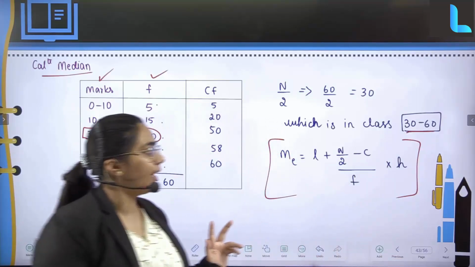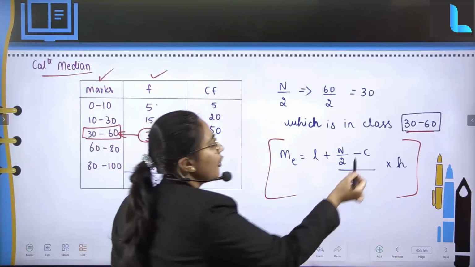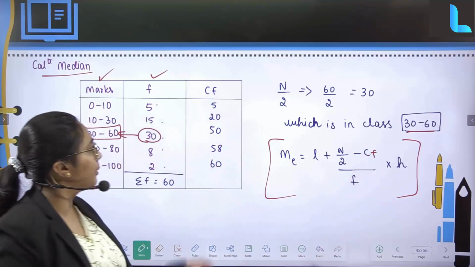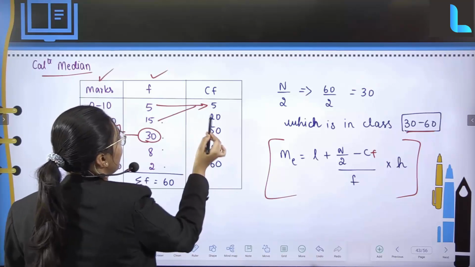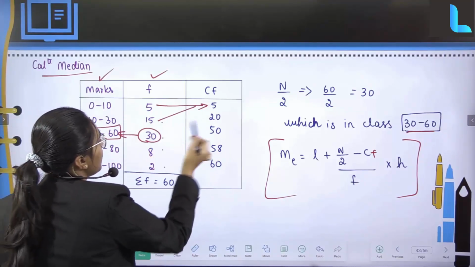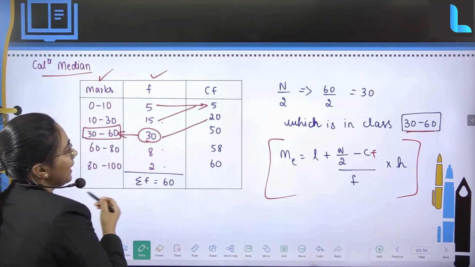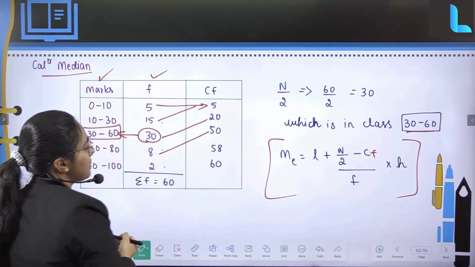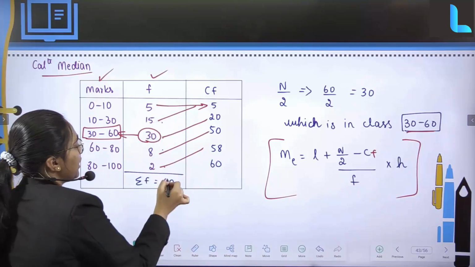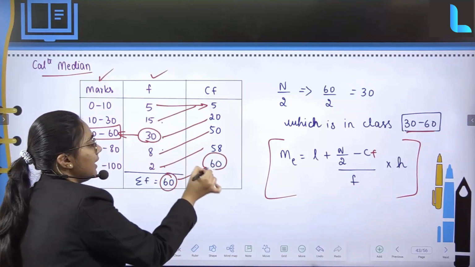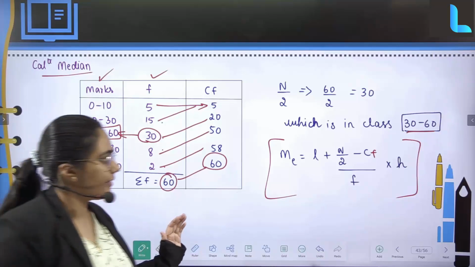Before that we have to find out what my cumulative frequency is. If I have to find out, 5, then 5 plus 15 is equal to 20, 20 plus 30 is equal to 50, 50 plus 8 is 58, 58 plus 2 is 60. For your cross reference, the summation of the frequencies has to be equal to this last value.